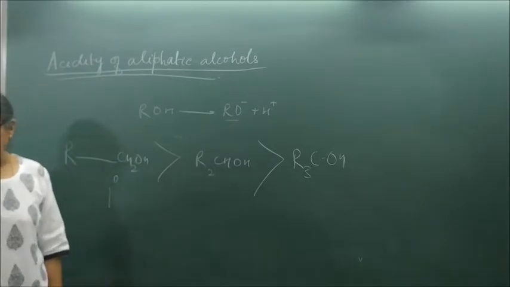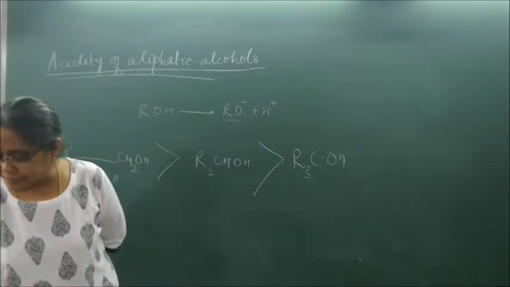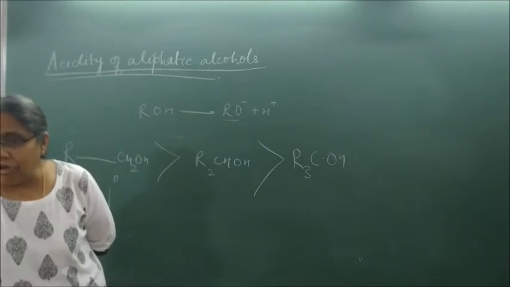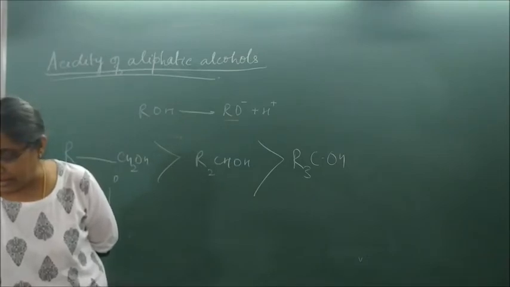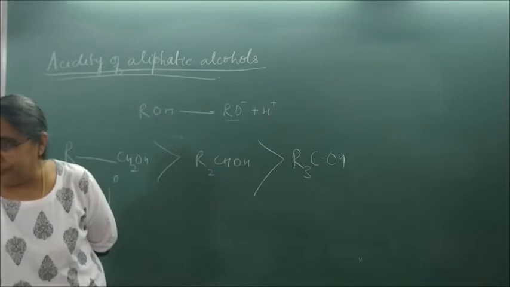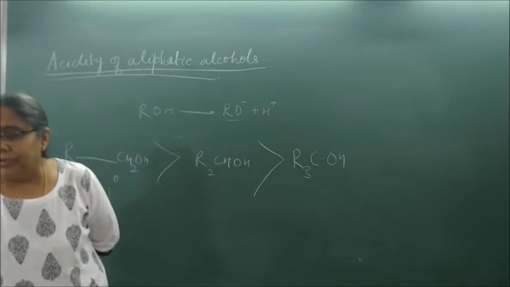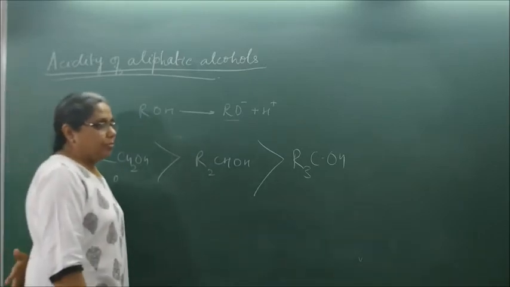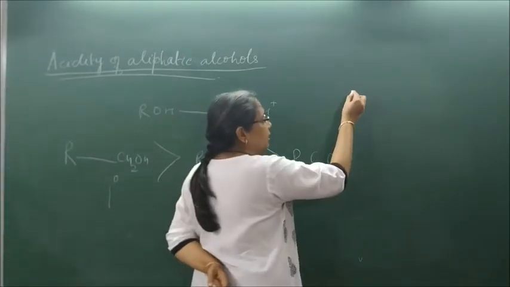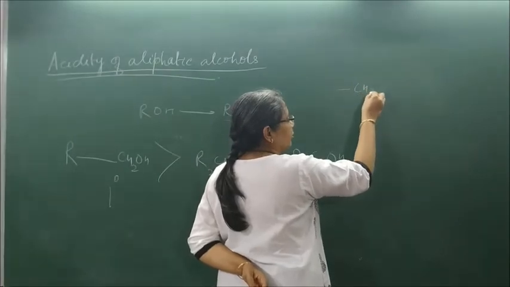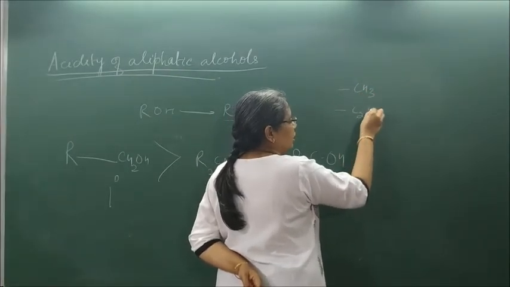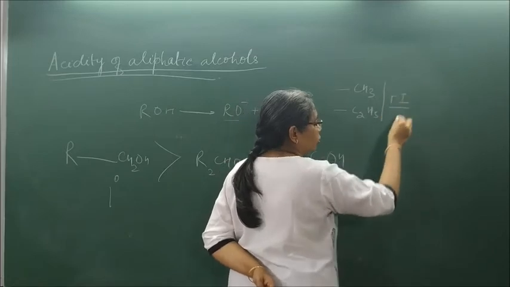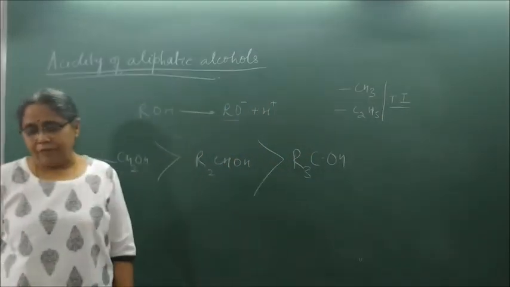Please write, this is because the electron releasing group, the plus I group. Please understand here, plus I groups are alkyl groups, CH3, C2H5; they are all electron releasing groups, or they show plus I effect.